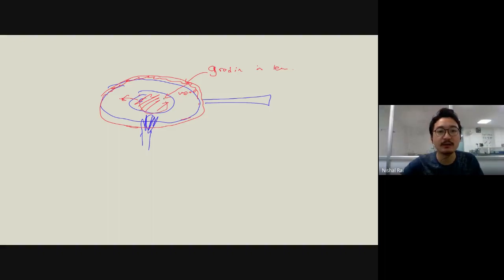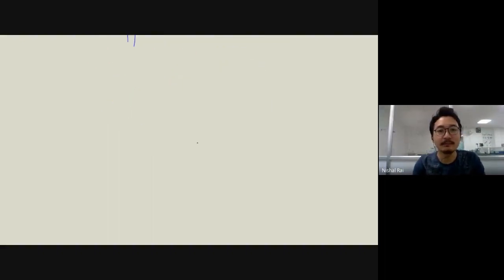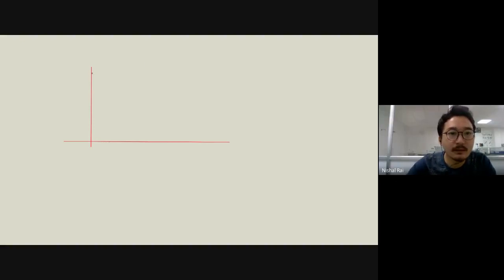Clear? That is what your temperature gradient gives, because that is how your temperature dissipates. If you plot this, it will fall off like this. Clear?